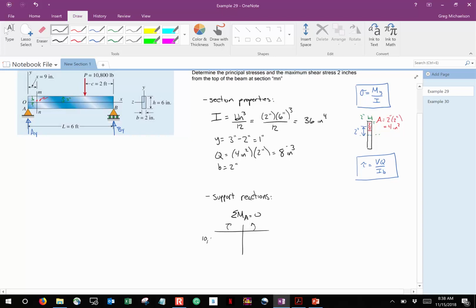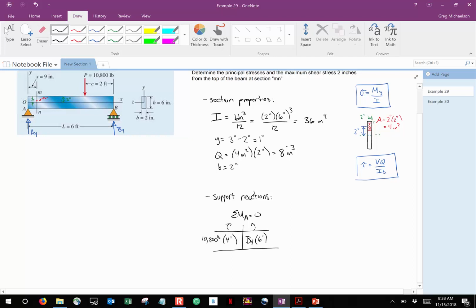So 10,800 pounds times 4 feet, because from A to B is 6 feet, from B to the load is 2, so that's where the 4 feet comes from. And then we have By operating at a moment arm of 6 feet. Okay.